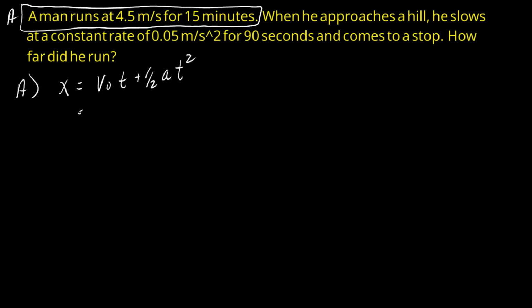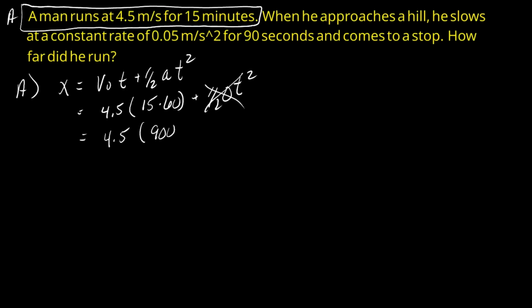So this is going to be 4.5 times 15 minutes, so it's 15 times 60, plus 1/2. He's not accelerating, so I'm just going to ignore that part. So this will be 4.5 times 900. So that will be 4050 meters. That's how far he ran during the first part.